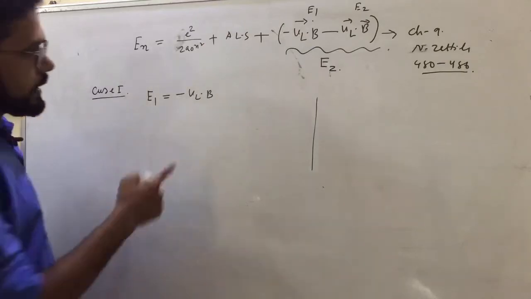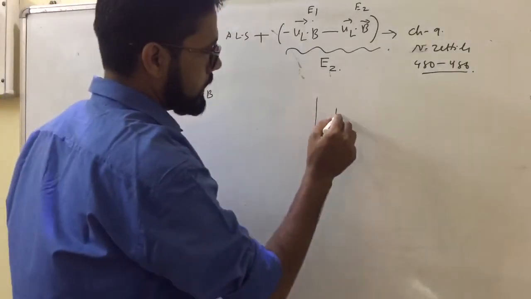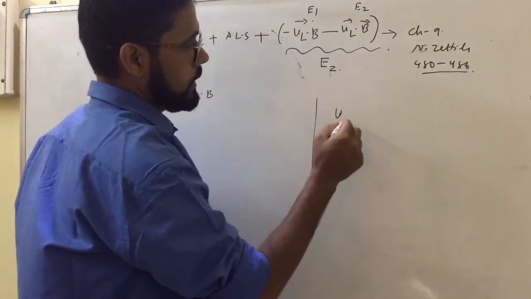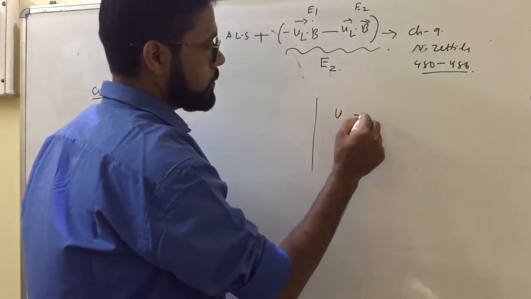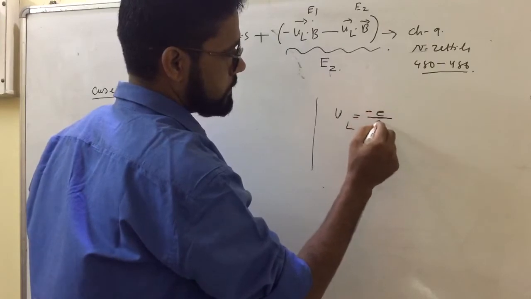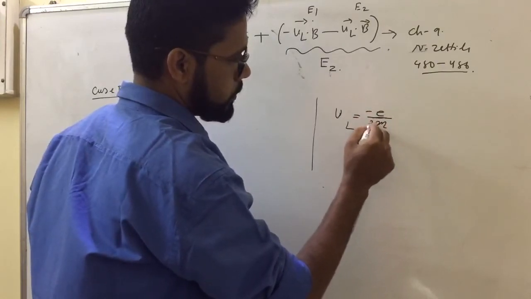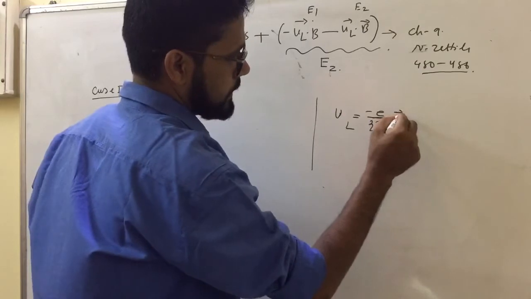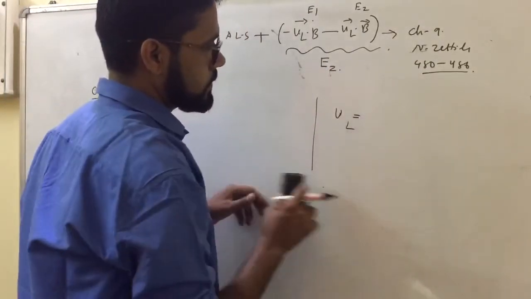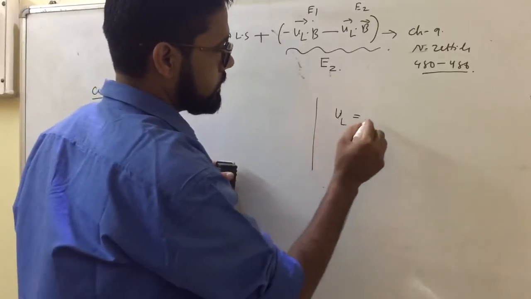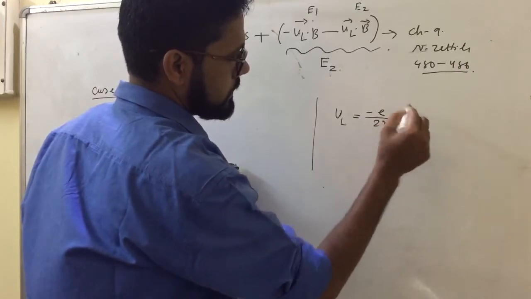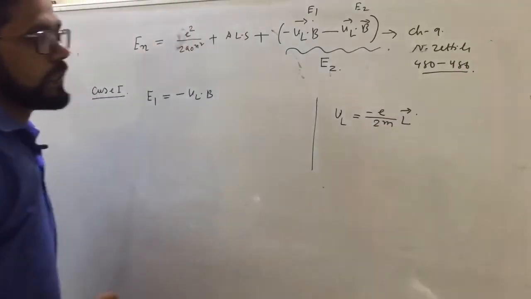Now you have mu in quantum mechanics or atomic physics. If we see the atomic physics book by Rajkumar, you will find mu L equals minus e by twice m L. Have you seen this formula? I am writing again, mu L equals e by twice m times L. This is the formula in atomic physics.